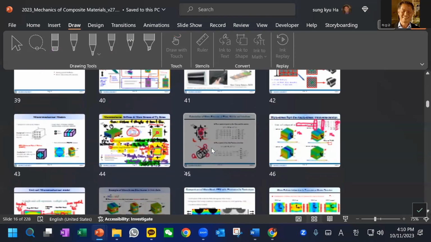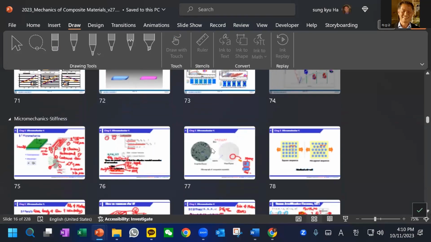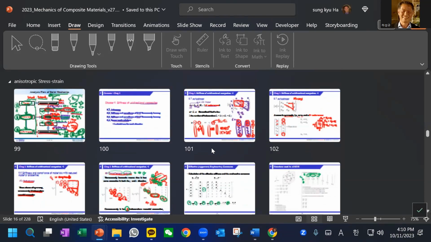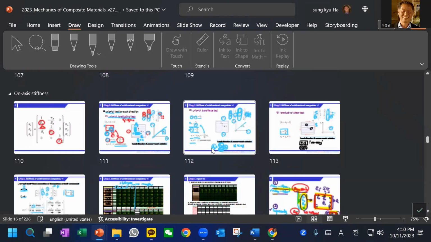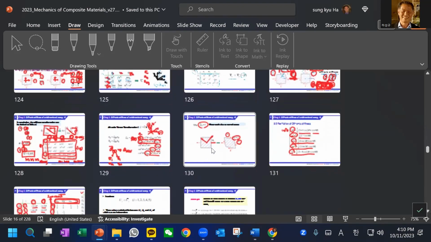Now, for a while, we're going to use some equations, mathematics, to understand all the mechanics. So please be patient to follow this composite behavior.